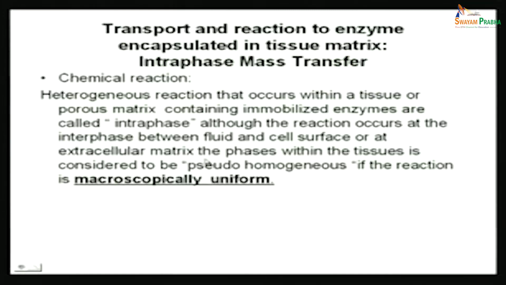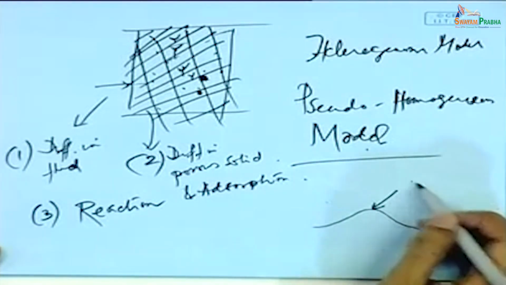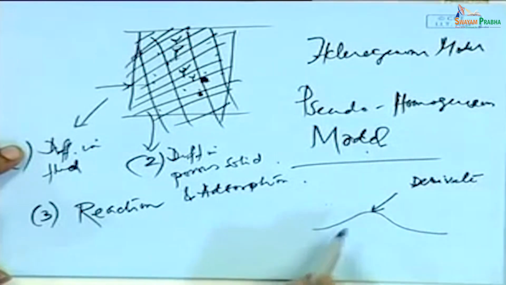If at the scale that you are looking at, your reaction is homogeneous, then you can assume it to be pseudo-homogeneous. But at the microscopic scale, it could be heterogeneous. This is the concept of scale. At the smallest of scales, say for example, if you have a surface like this and you're trying to take the derivative at this point, which point do you take the derivative in? You never know.